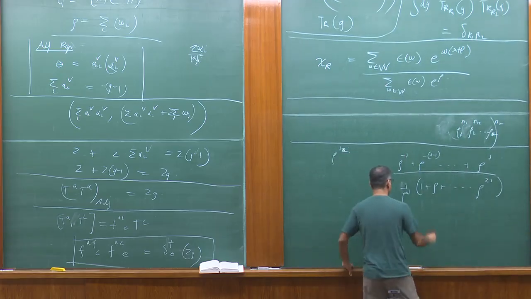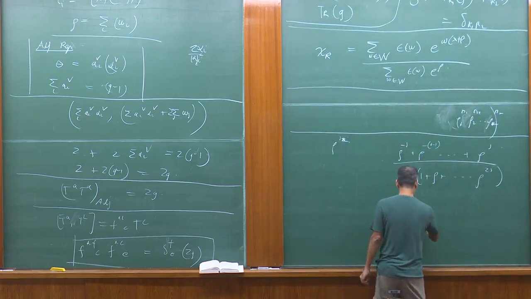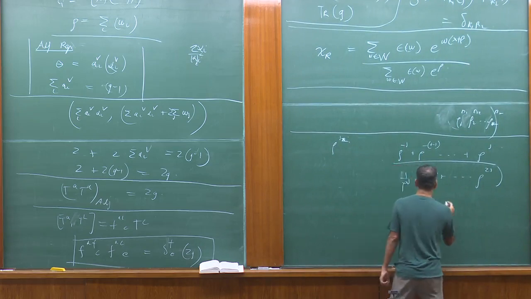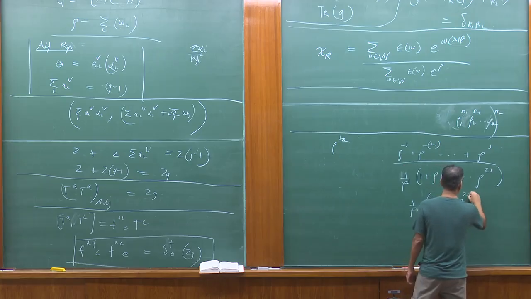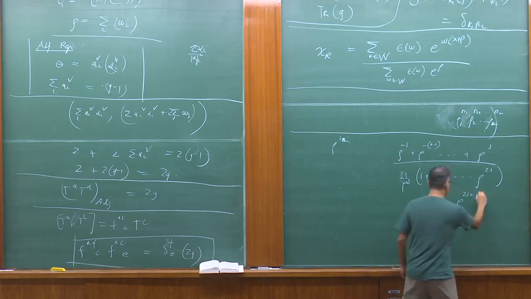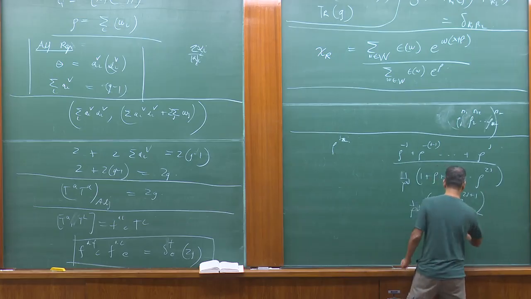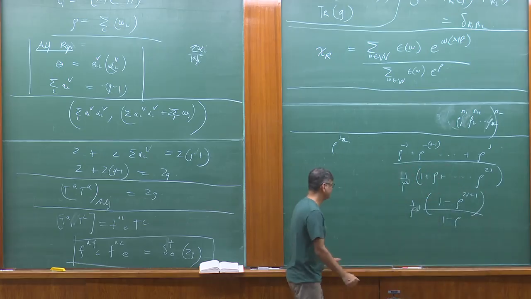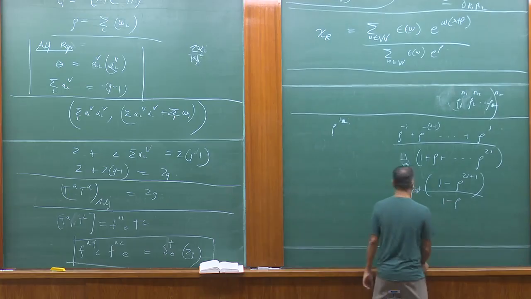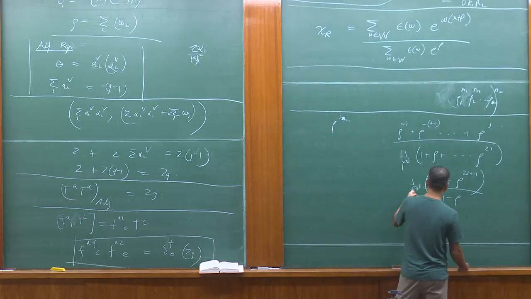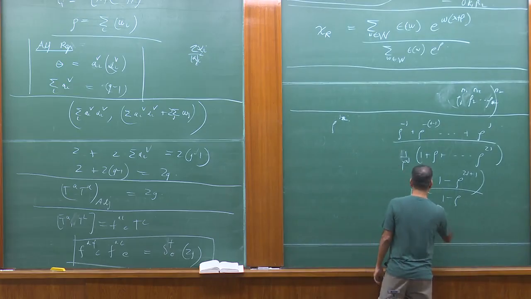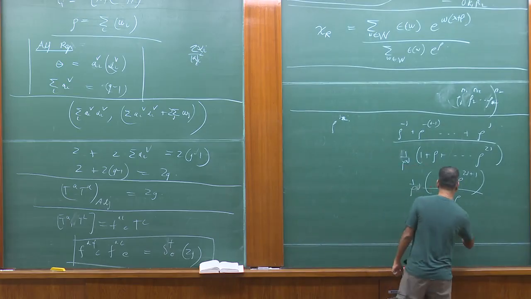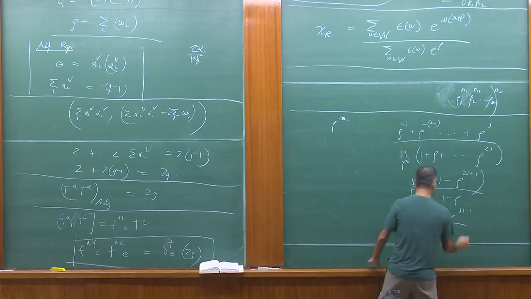This is equal to 1 over rho to the power j into 1 minus rho to the power 2j plus 1, divided by 1 minus rho. Now let's multiply this by rho to the power j here. So we get rho to the power minus j minus rho to the power j plus 1, divided by 1 minus rho.